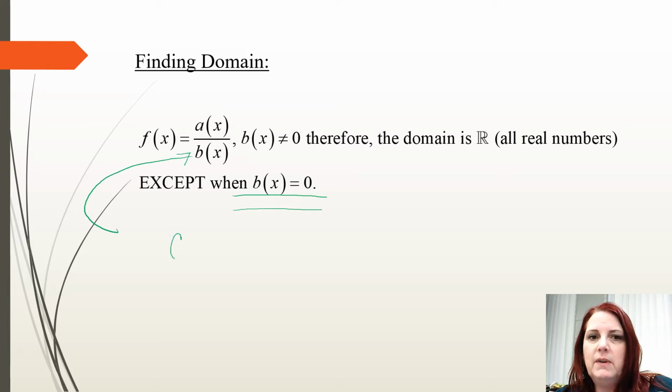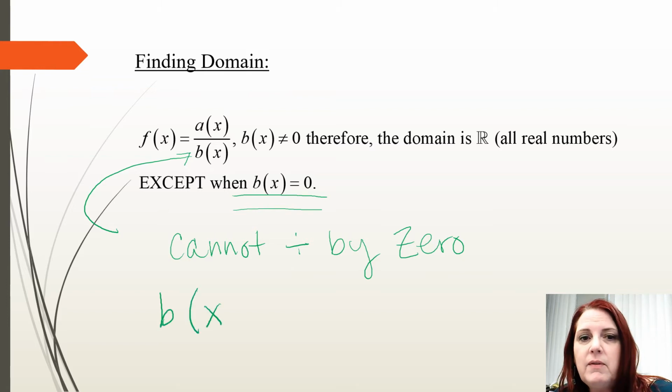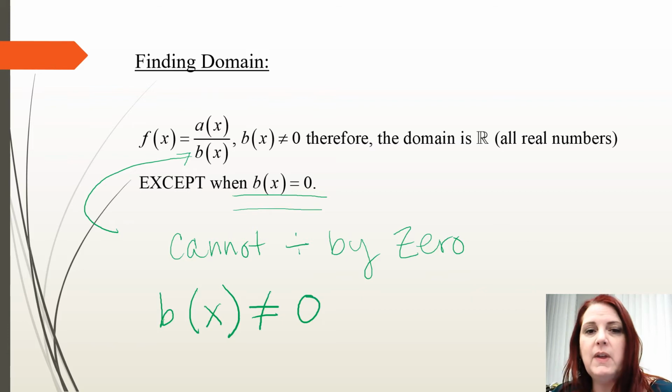We cannot divide by 0. So b of x cannot be 0. So to find our exclusions, we'll say b of x, whatever that is, is not equal to 0, and that will give us our restriction. Let's show you some examples.